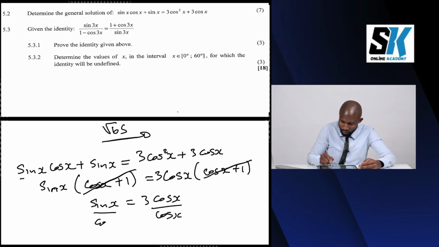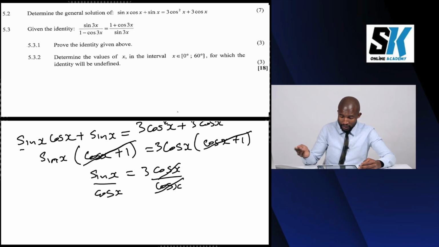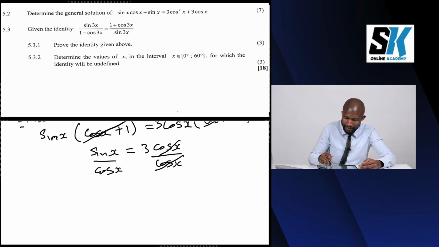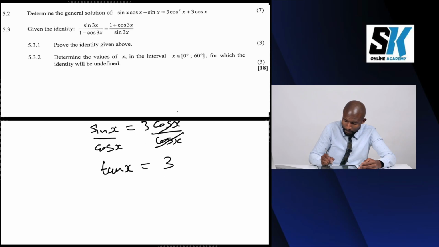When you divide cos x on both sides, you cancel the other cos x, so you're left with a 3. So on this side, you know from your identities that sine x over cos x is tan x, being equal to 3.